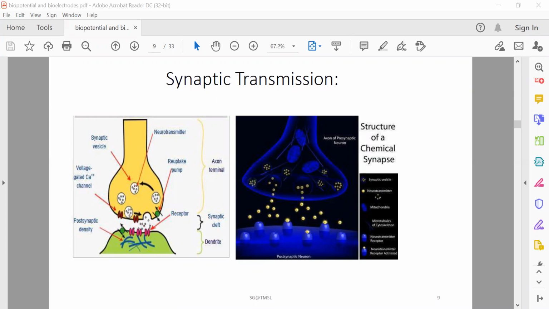Another way is diffusion, by which the neurotransmitter becomes detached from the receptor and drifts out of the synaptic cleft. So this is basically synaptic transmission.